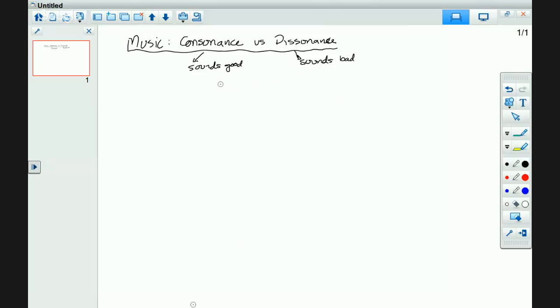Let's review what we've done. The C chord has the notes C, E, and G in it, correct? The function for the sound wave here.